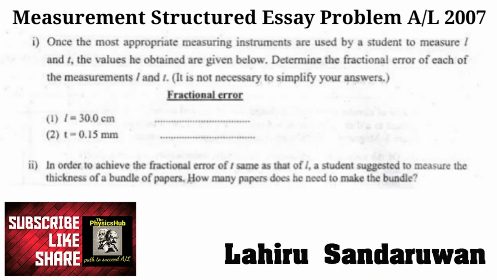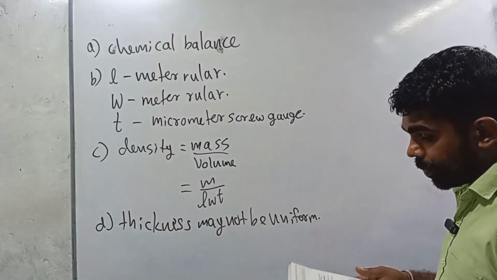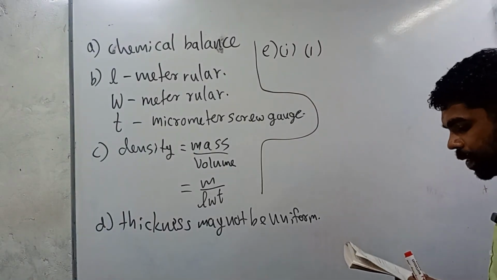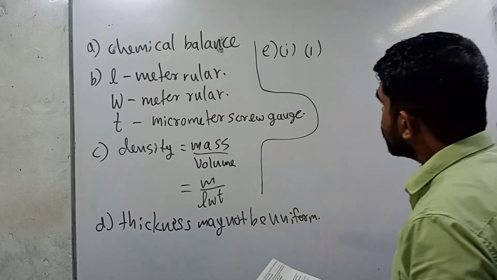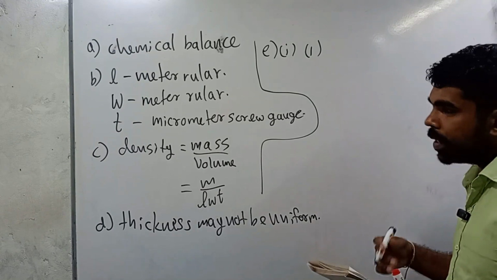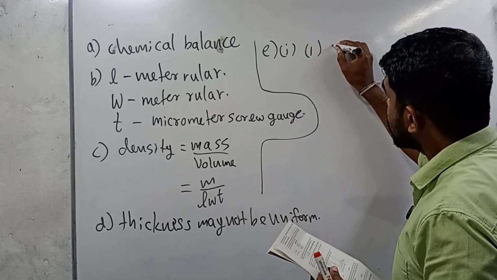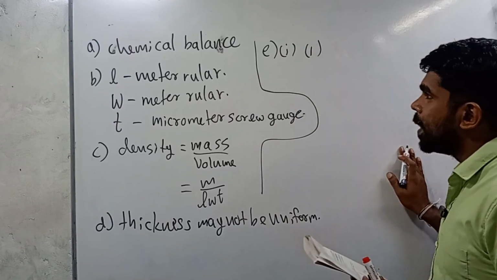Then part E, Roman numeral 1. Once the most appropriate measuring instruments are used by the student to measure L and T, the values obtained are given below. Determine the fractional error of the measurements L and T. It is not necessary to simplify your answer. Part 1, length 30 centimeters. When measuring length, we are using a meter ruler. For the meter ruler, least count is 1 millimeter.